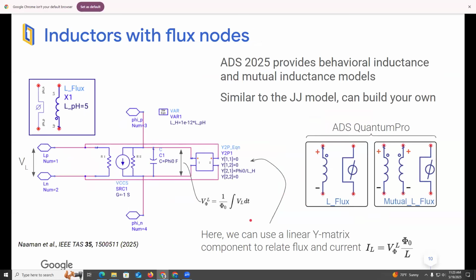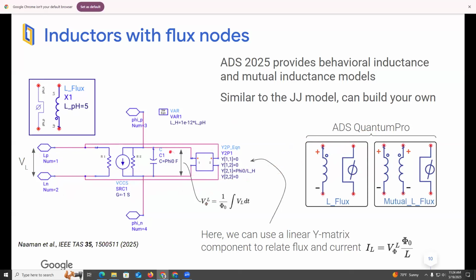So we talked about the junction. We need inductors too, and we're going to use a very similar trick to what we did with the junction. Again, if you're using ADS, these are devices that are provided to you in the library. If you don't use ADS or you don't have access to this package, you can do a very similar trick: take the voltage across the inductor, convert it to current, and integrate it on this capacitor.